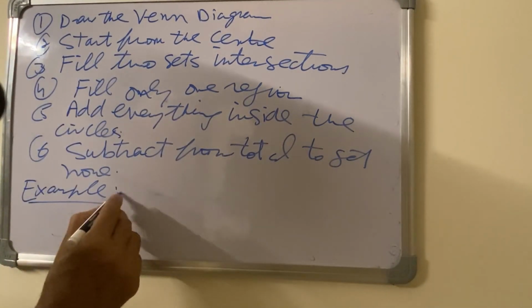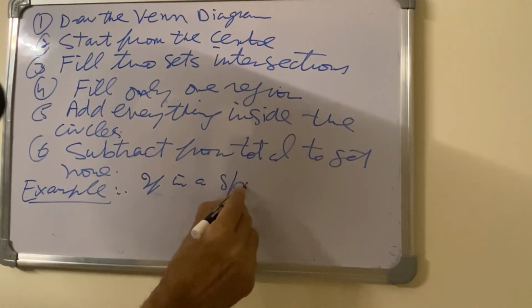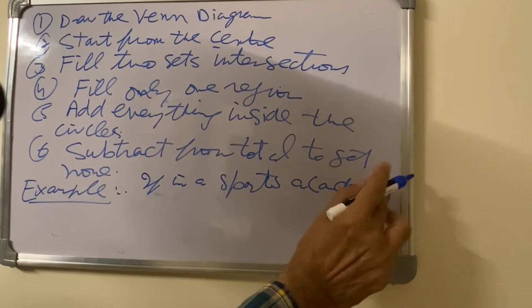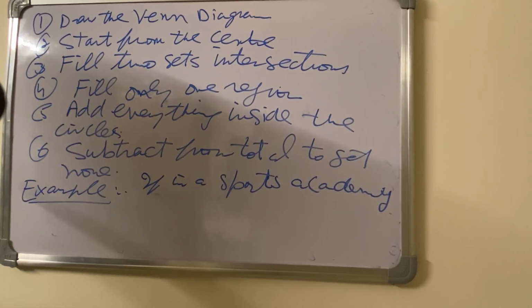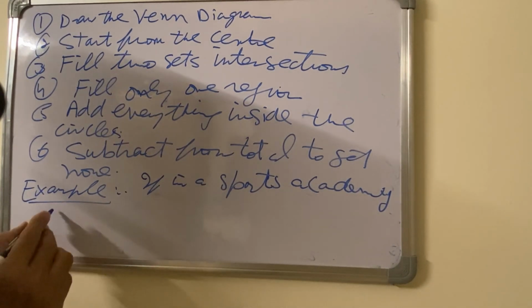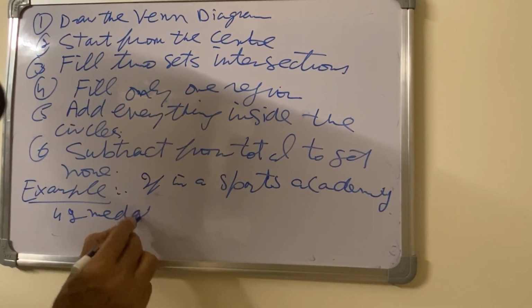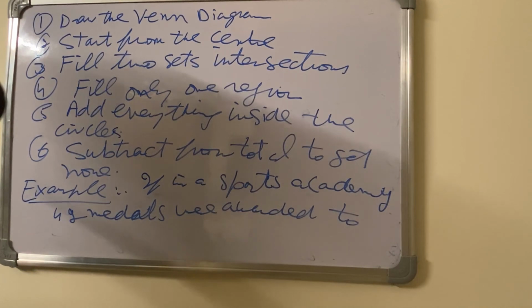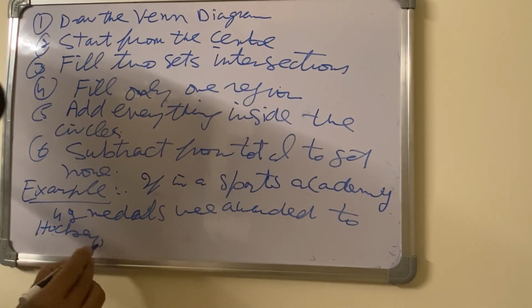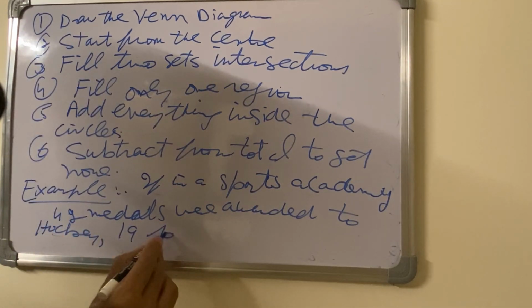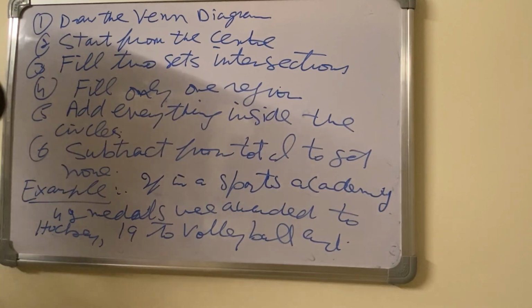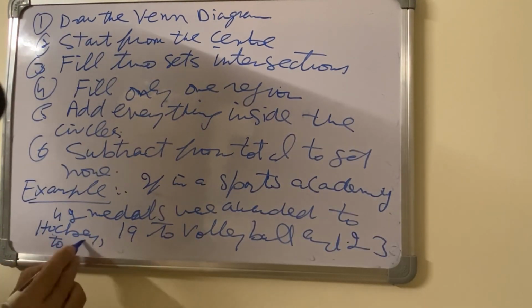If in a sports academy, 42 medals are awarded to hockey team, 19 to volleyball team, and 23 to cricket team.